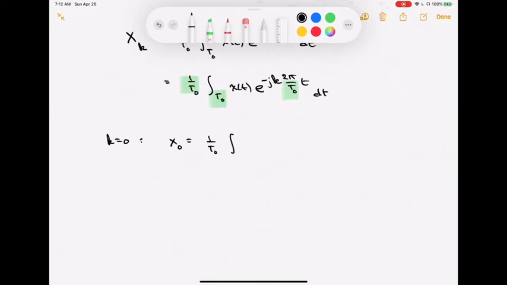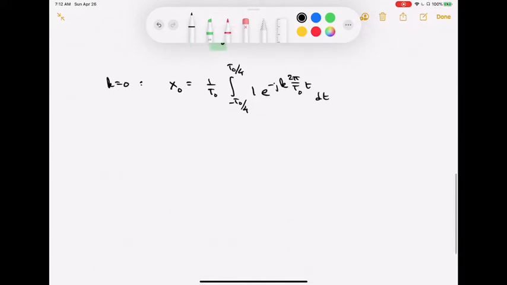I was going to go from minus T naught by 2 to T naught by 2, but over that interval it's non-zero only from minus T naught by 4 to T naught by 4. What was the signal over that range? It was 1, and then I'm going to have my e to the minus j k 2 pi by T naught t dt.